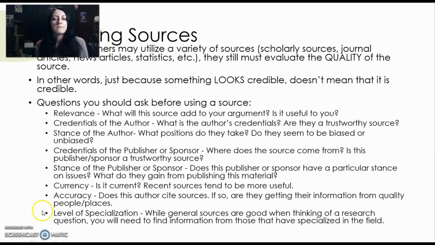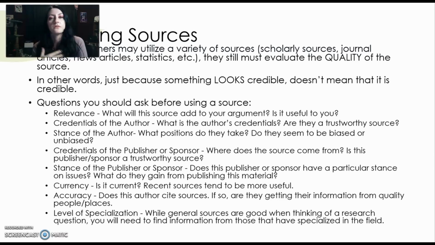Consider those things. Next is consider the credentials of the publisher or sponsor. So once you move past the author, maybe they're trustworthy, maybe they try to be unbiased. Now you need to take into consideration the credentials of the publisher, because whatever medium they're using to publish their work, you have to realize that that source may likely be untrustworthy.